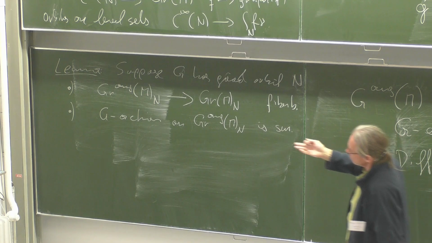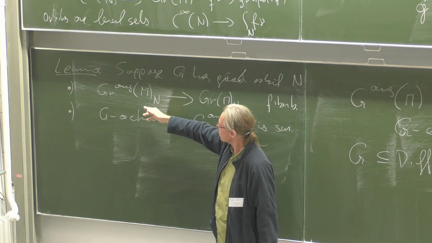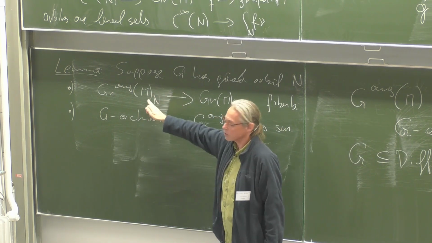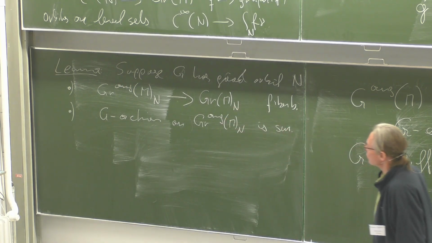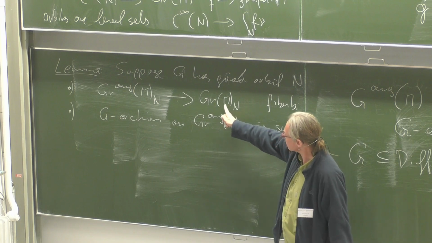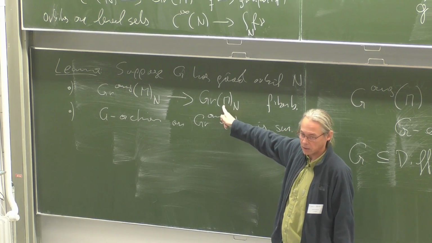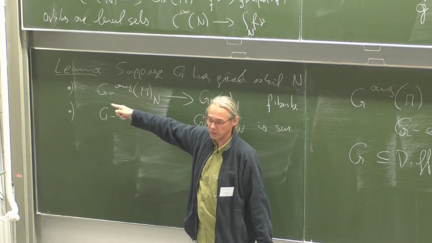The idea of the proof is very simple. You just write down local trivializations for this map, using the local sections of the G action here and the action you have on this space.